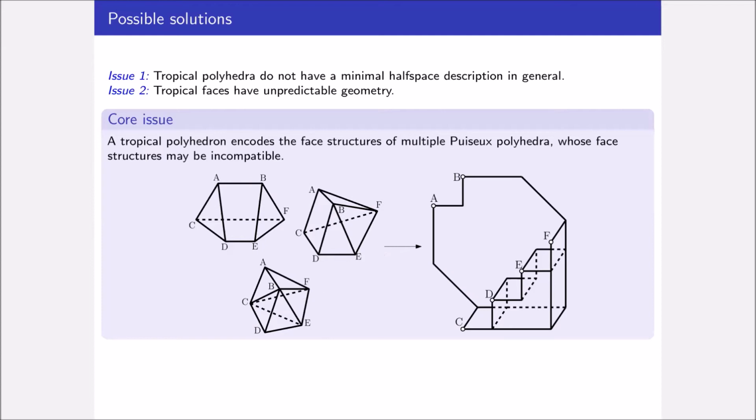Just a related question. Could these funny tropical faces be somehow the common denominators of the face structures of whatever can map down there, like for this AB? In fact, I believe the correct way to try and deal with this is to define a notion of face that is basically the common denominator of all the things upstairs. Given the time, I'm not going to get to our results on it, unfortunately.